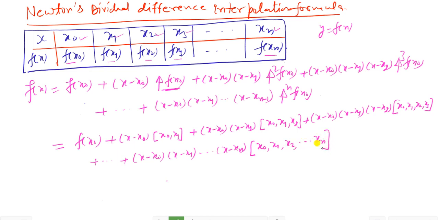So this is Newton's divided difference interpolation formula.